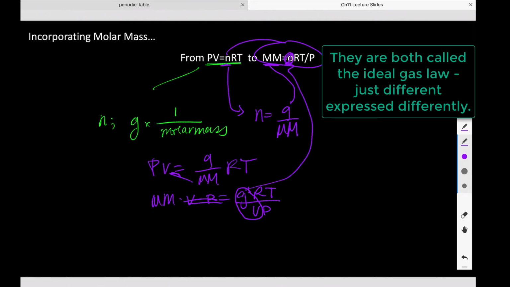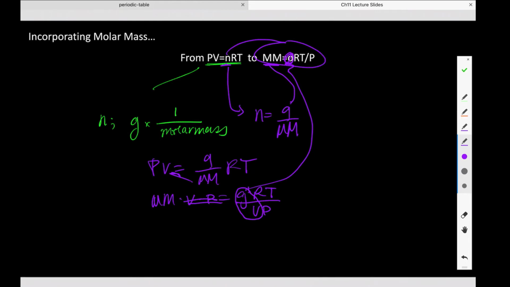Yes, does that make sense? So that's how we get from PV equals nRT to molar mass equals DRT over P. You're not required to be able to do that, but I feel like you should. Either way, this equation does need to get committed to memory in addition to this one.